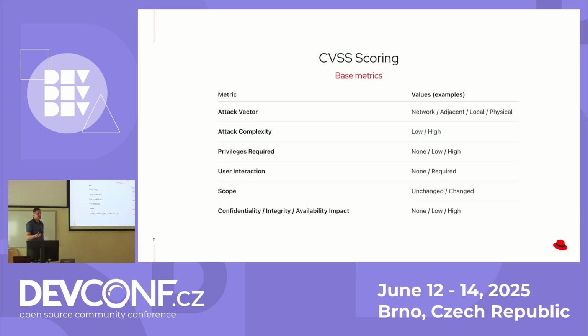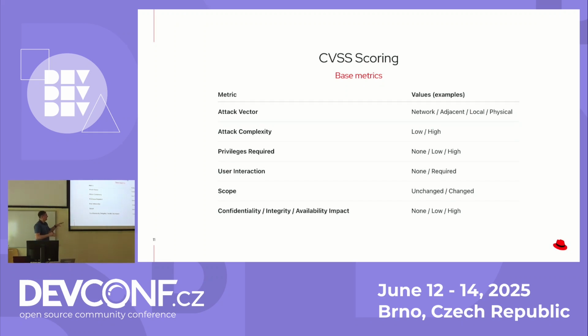So is it super easy to exploit, or does it need to be super complex? Does the user need to interact with the system to do it, or does this user need to have some special rights? That also all affects the score.